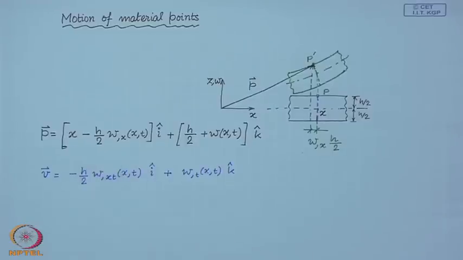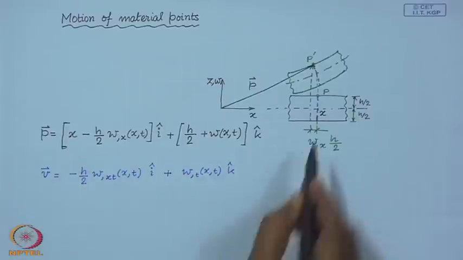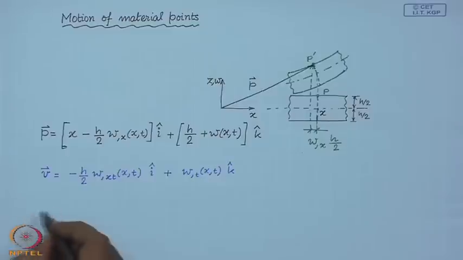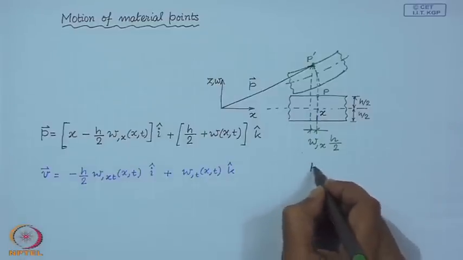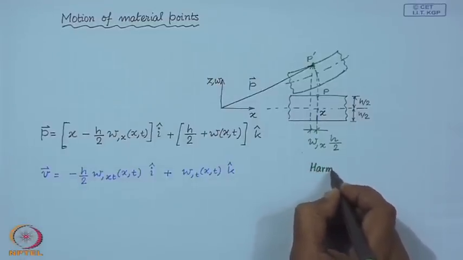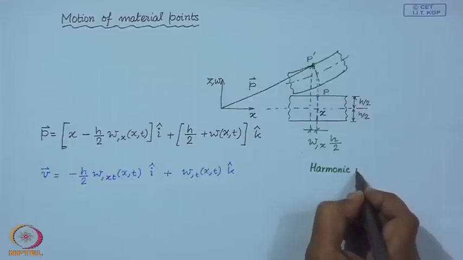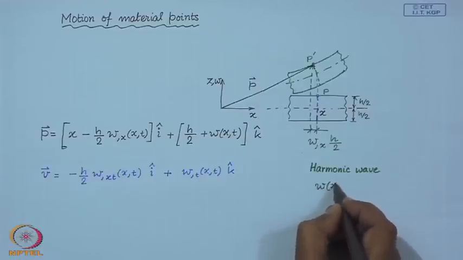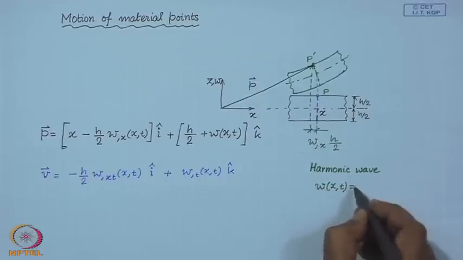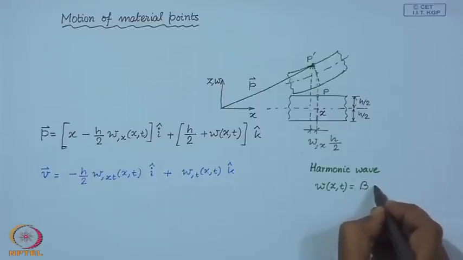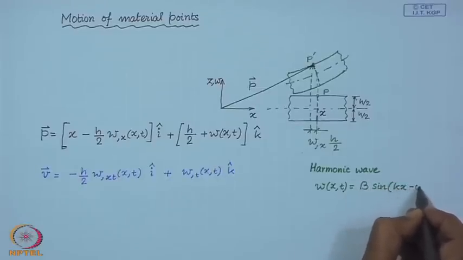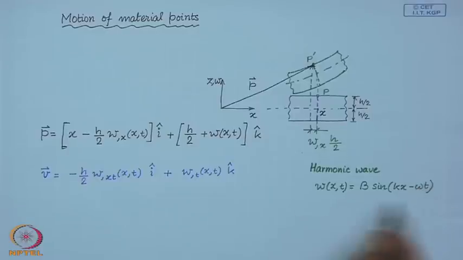Now, suppose you have a harmonic wave propagating in this beam. So, this is the representation of the harmonic wave.